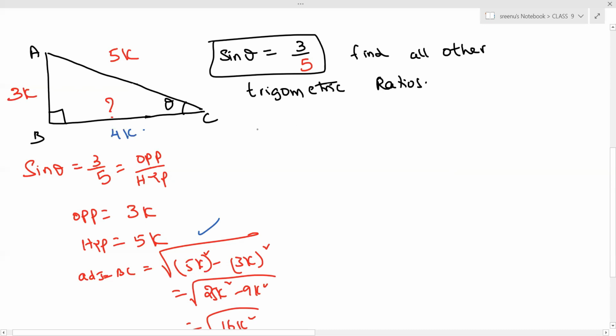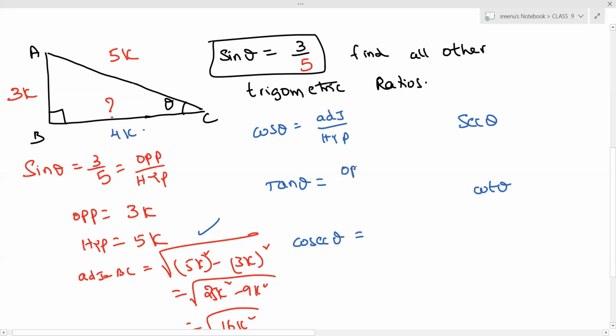Now I will write the other six trigonometric ratios. First cos theta, next tan theta, next cosecant theta, next secant theta, and then cot theta. Cos theta formula: adjacent by hypotenuse. Tan theta: opposite by adjacent.